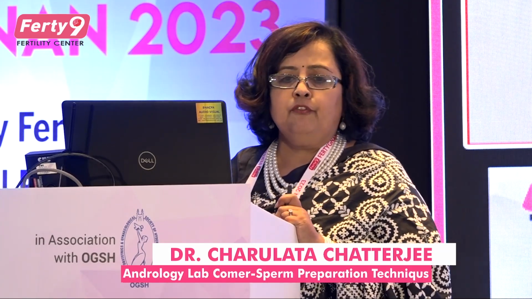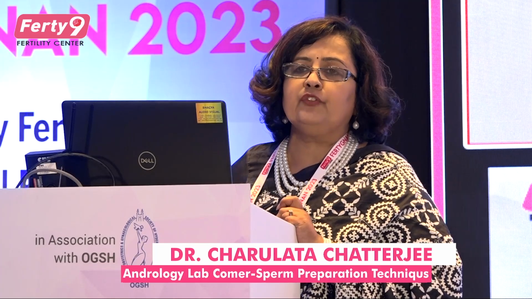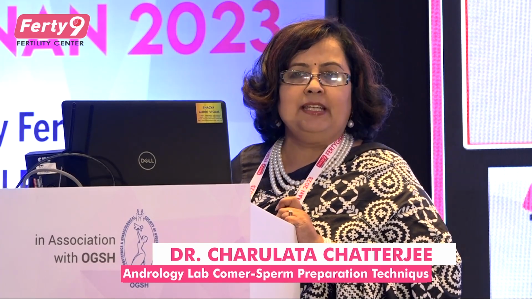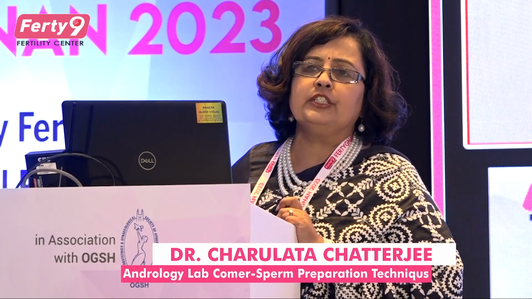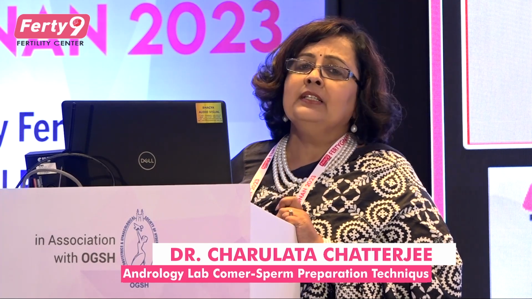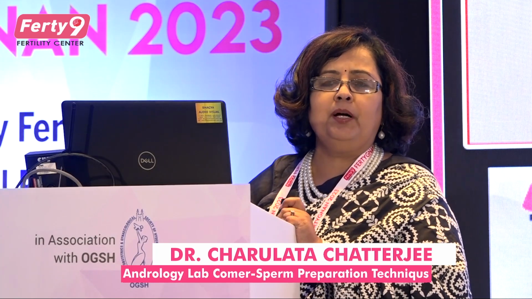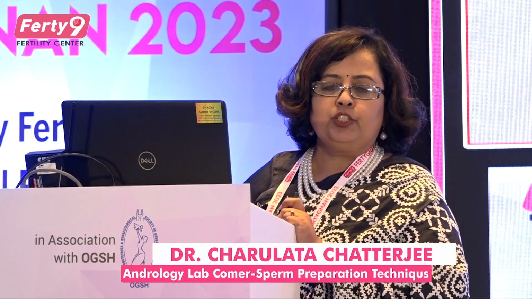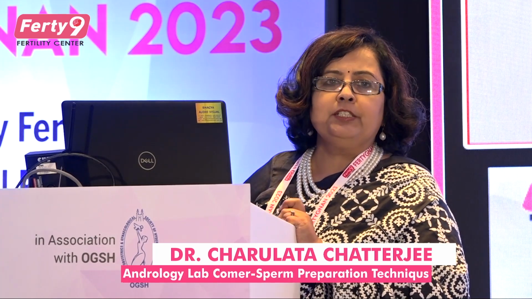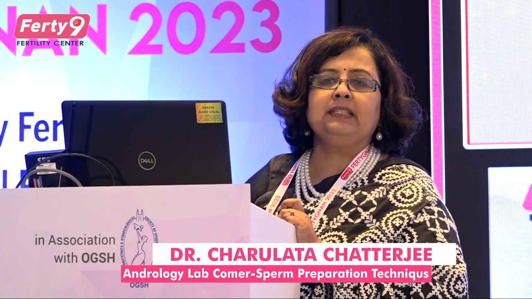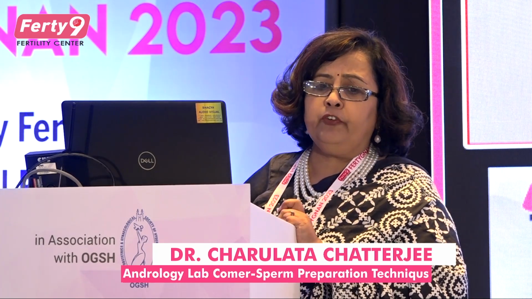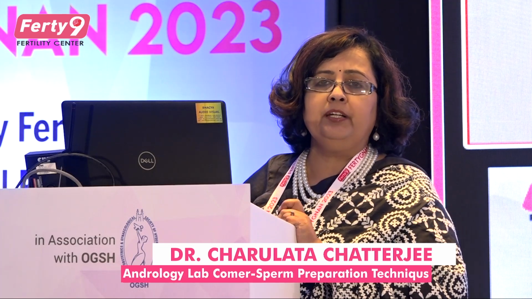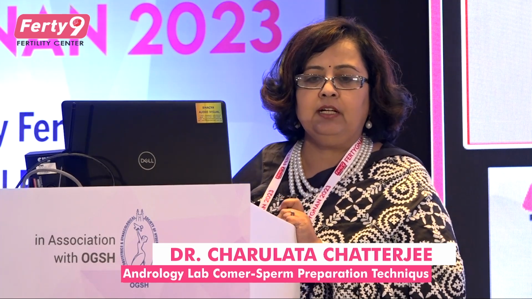WHO analysis from 1980 to 2020, if you see, the sperm is declining. The normal morphology value is 4% only. That means if you see 4 normal sperm in a 100 sperm count, it is considered to be normal. This is the normal sperm: head, midpiece, and the tail. The head morphology is also very important because the DNA material is in the head.